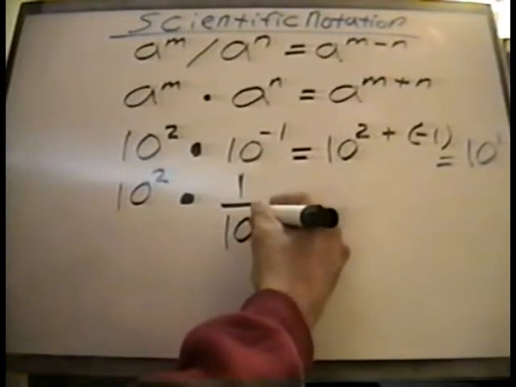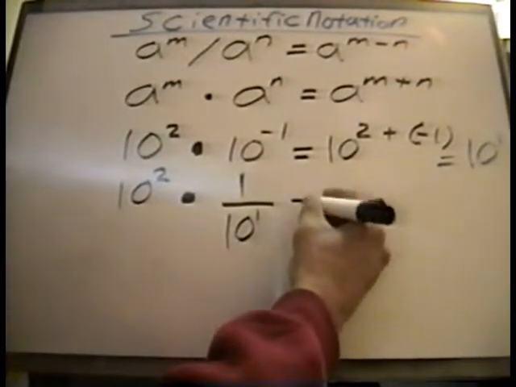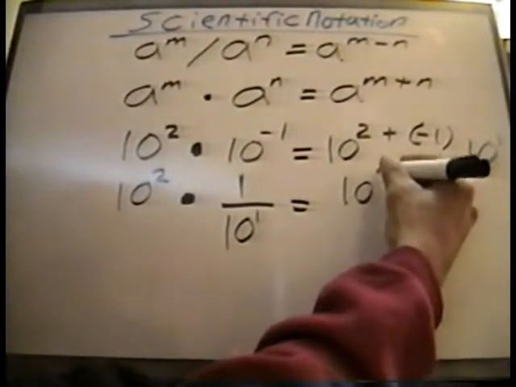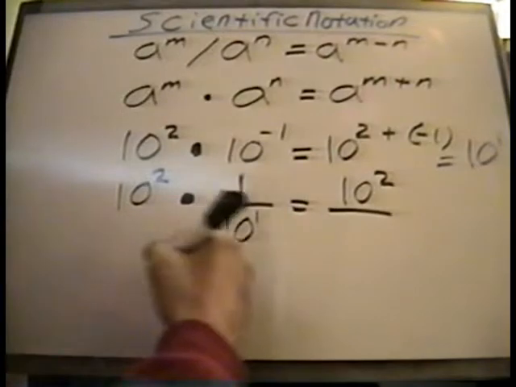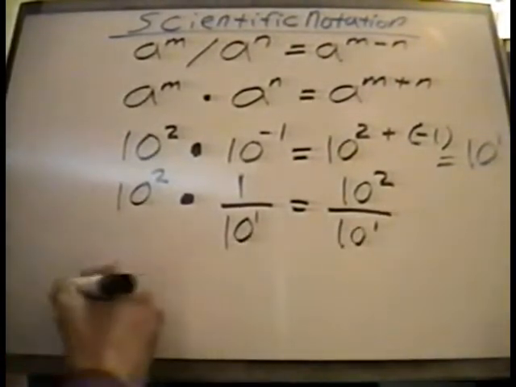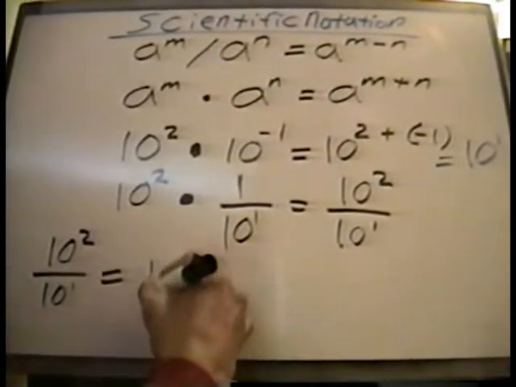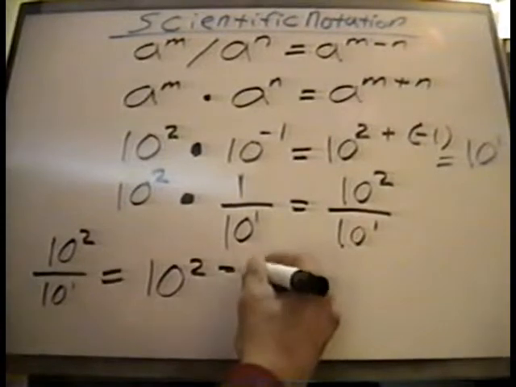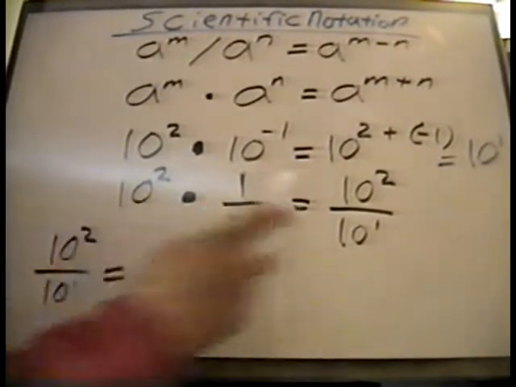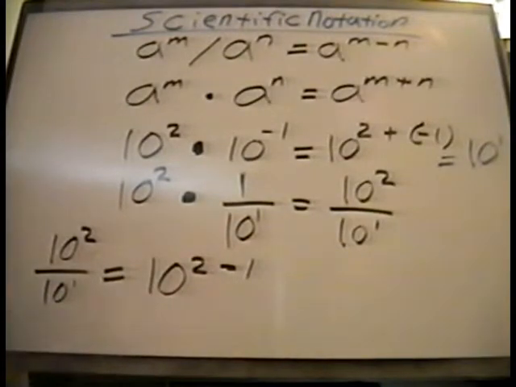Now this becomes 10 to the power of 2 over 10 to the power of 1. Now that becomes 10 to the power of 2 minus 1. You see, that's the same as here. 2 plus a negative 1 is the same as 2 minus 1. So we get 10 to the power of 1, or just 10.